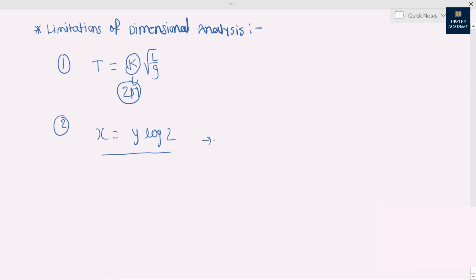Similarly, if trigonometric functions like sine, cos, tan, etc. are present in the equation, we can't set the relation between two physical quantities. Similarly, if exponents are present like e raised to x, then also we cannot use dimensional analysis to set the relations between two physical quantities. So that is the second limitation of dimensional analysis.